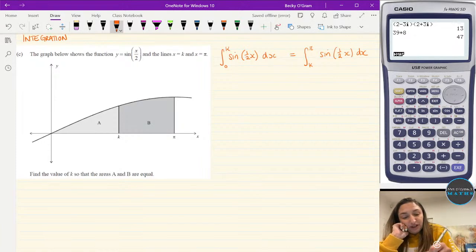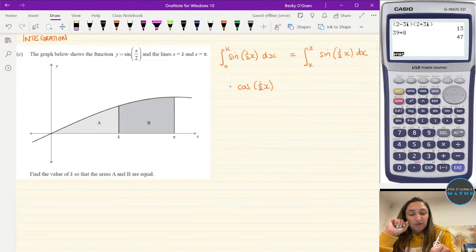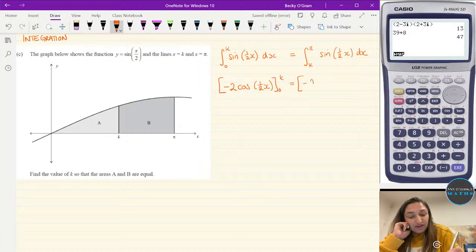So this would be negative cos of a half x divided by the half, because we're doing reverse chain rule. So if we divide by half, we'll times by 2. So that is minus 2 cos half x between 0 and k is equal to the same thing if we do it between k and pi.